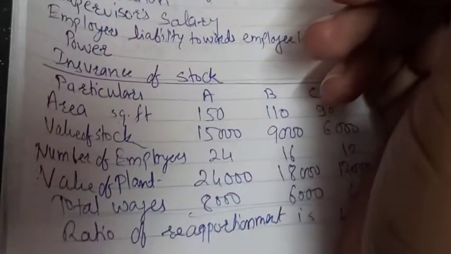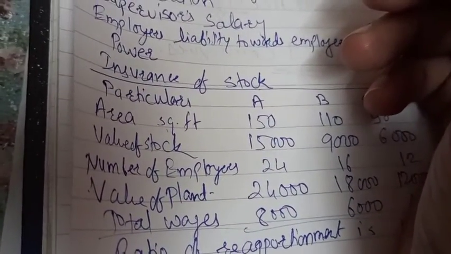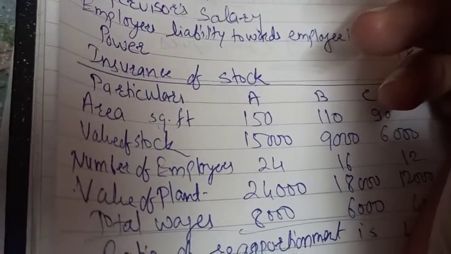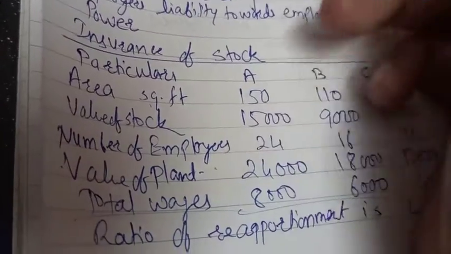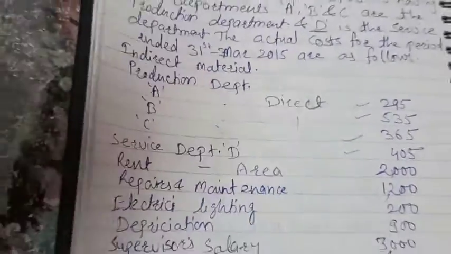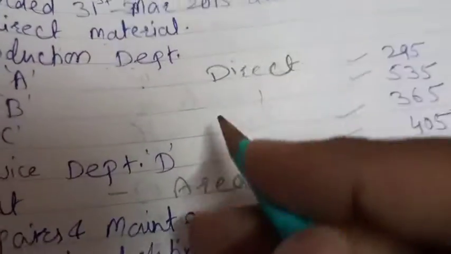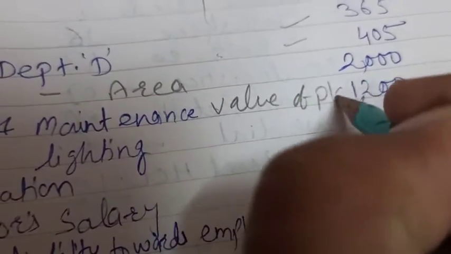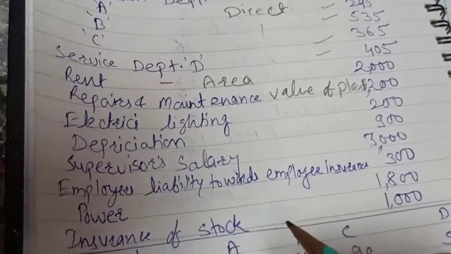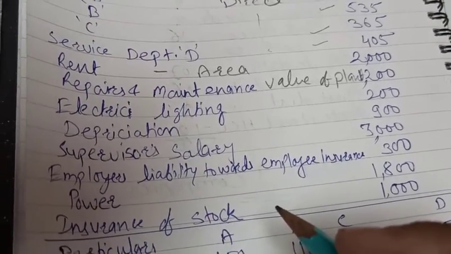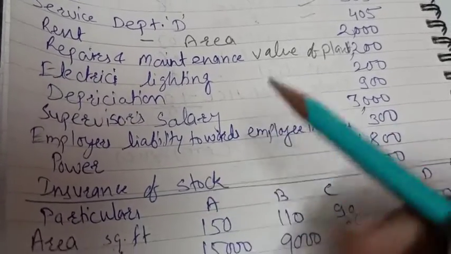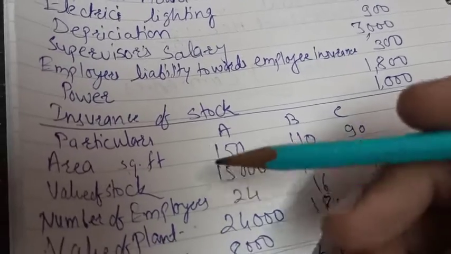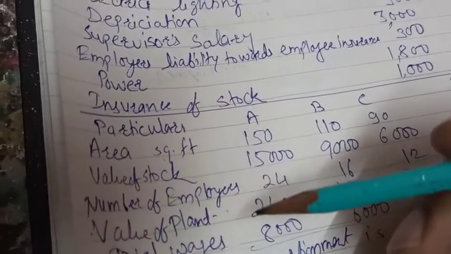Next is repair and maintenance. Repair and maintenance is basically related to the plant, right? So here we have this basis, that is value of plant. Next is electric lighting. First, for electric lighting we have to find the number of light points or the horsepower, but both things are not available here.